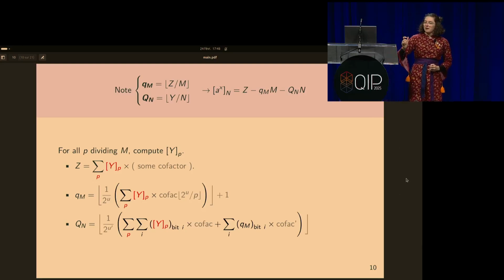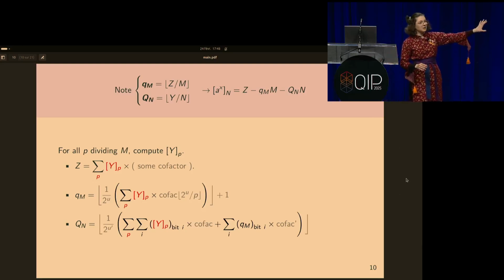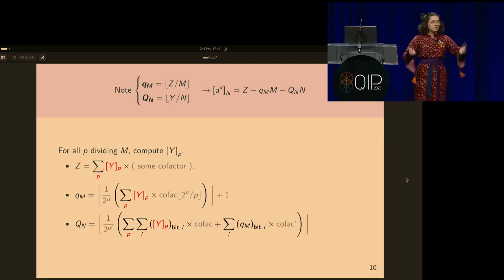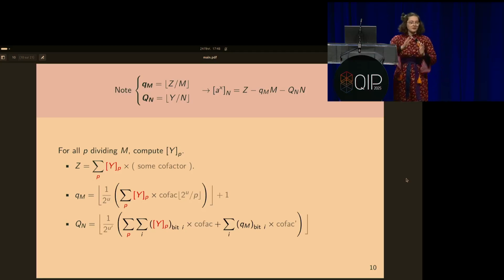Everything that is in gray is either something very easy to compute even on a quantum computer or something that we can pre-compute in any case. There is something very interesting to notice on those three formulas: all three of the integers z, Qm, and Qn can be expressed as a sum over the prime factors of big M of y modulo p times something.